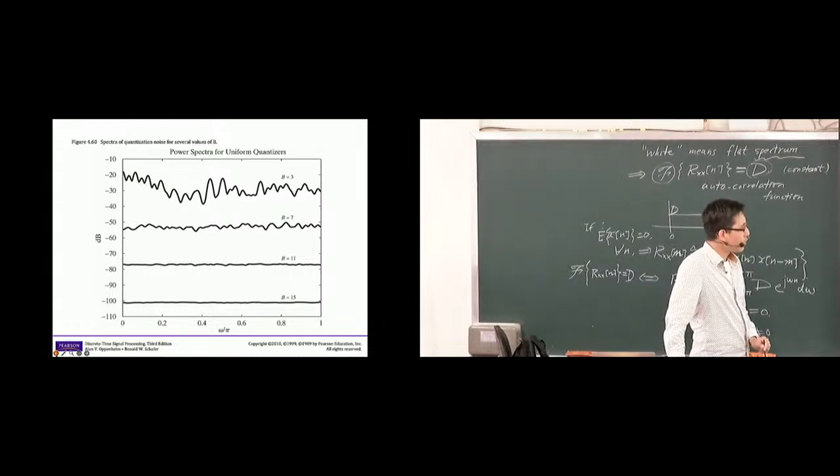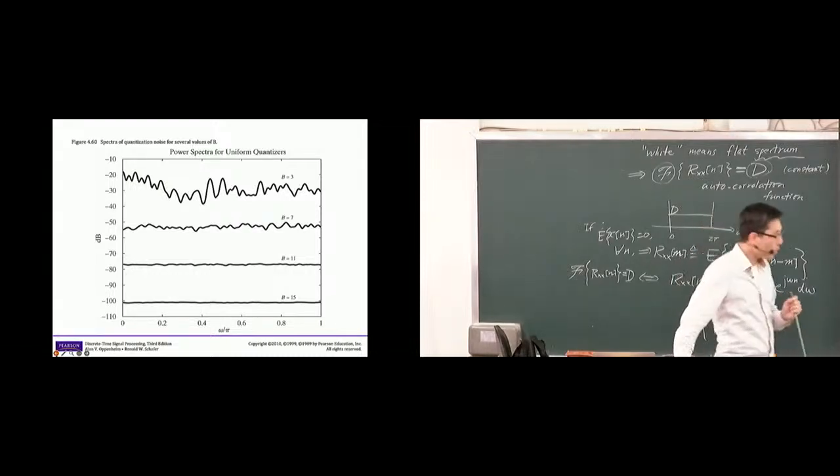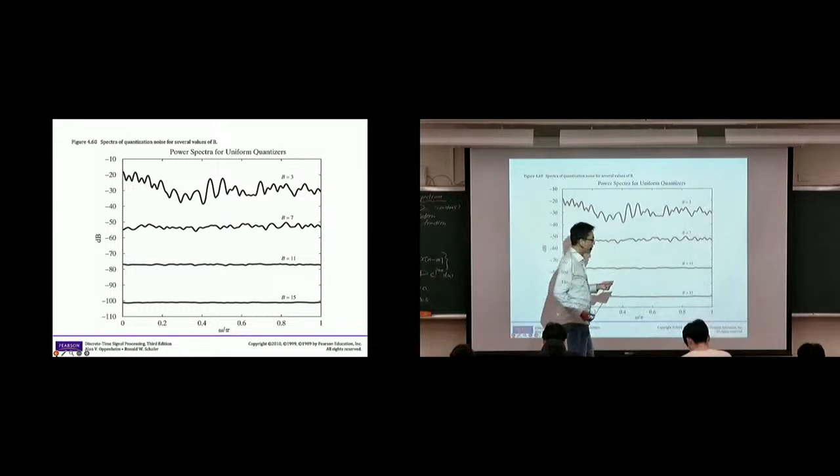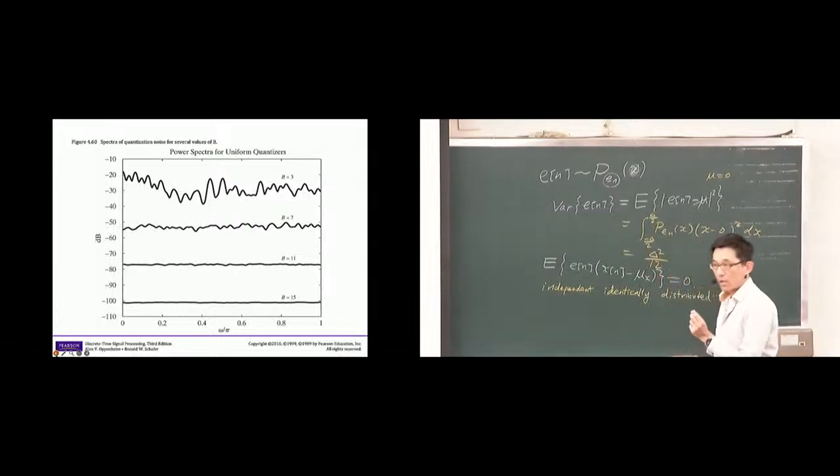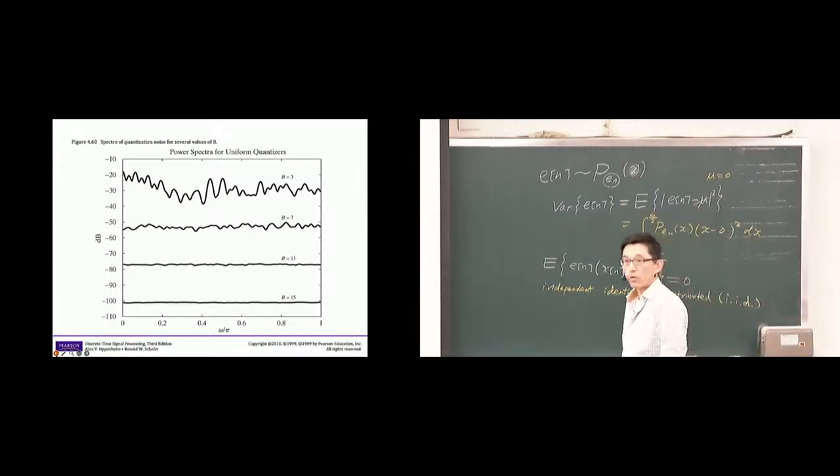So there's a rule of 6 dB per bit. That's quite handy to remember. When we talk about quantization noise power, roughly speaking, when we introduce 1 extra bit, that suppresses the noise power by 6 dB.